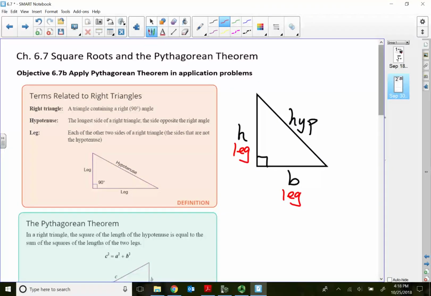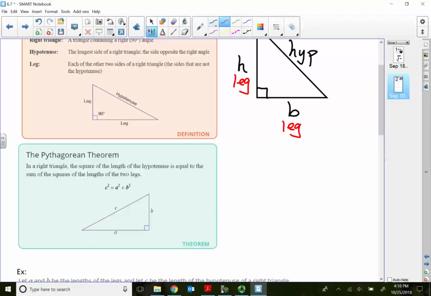As you can recall, the Pythagorean theorem says a squared plus b squared is equal to c squared. The side c is always going to indicate the hypotenuse, which is always abbreviated with the letter C. The two legs, we just call them A and B. So what this formula is saying is side A squared.